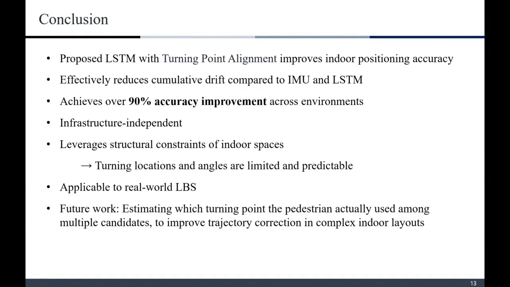Another important point is that our method is infrastructure independent. Indoor turning points are usually predictable since locations and angles are often limited, such as corridor corners. By leveraging this constraint, the method remains robust across varied floor plans.